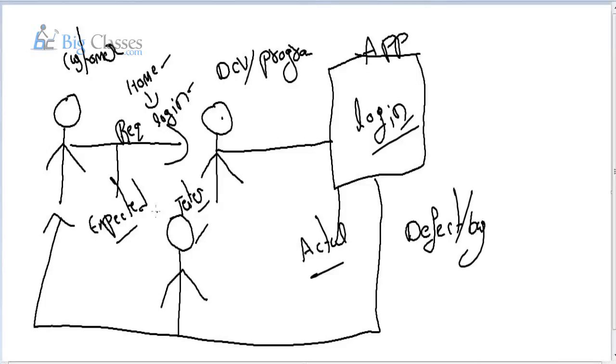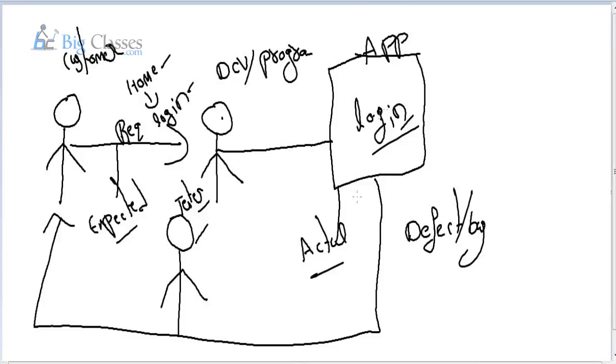See guys, once again: first, the customer provides some requirement to the development team. The developer develops the application based on the client requirement. After completion of development, the application is sent back to the customer. As a testing engineer, we have to get involved. We take the customer requirement as the expected value, and the finally developed application as the actual value.